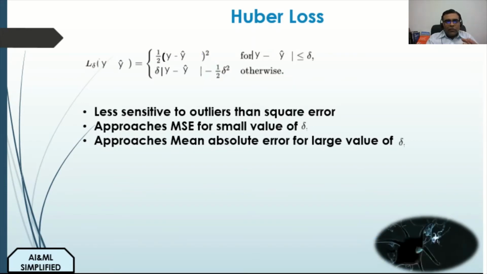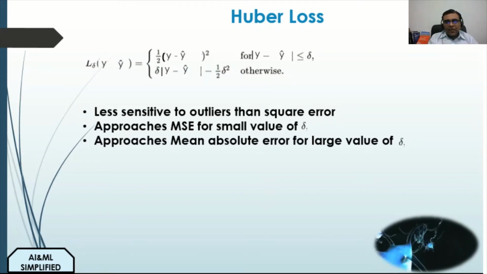For low values of delta, that is in the region around 0, the loss will be the same as square loss. Whereas in the regions which are away from 0, it will be using the absolute loss, multiplied with delta, minus half of delta square. So it is able to leverage both the losses and get the benefits of both.